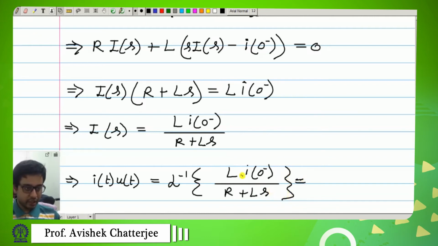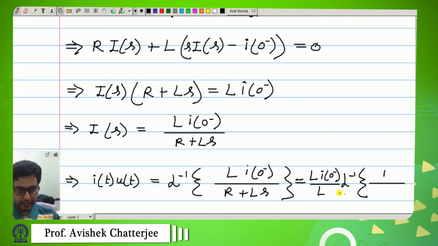Let me now bring these constants outside. So L constant, I0 minus constant divided by, from here another L I will take, and then Laplace inverse of 1 divided by s plus R by L.